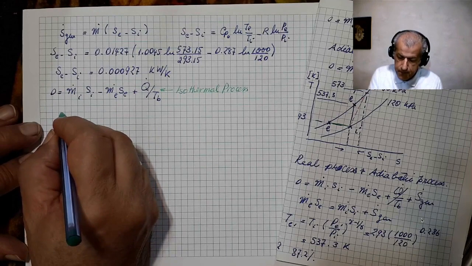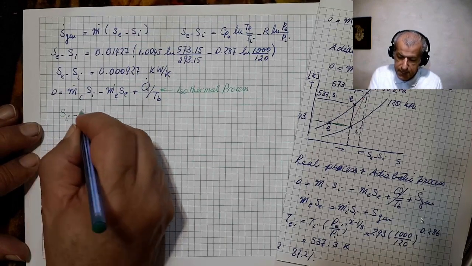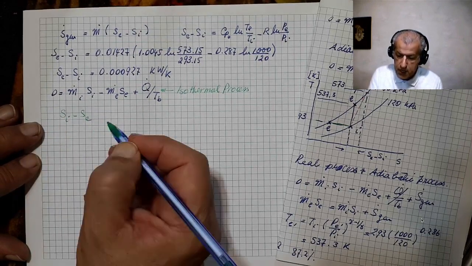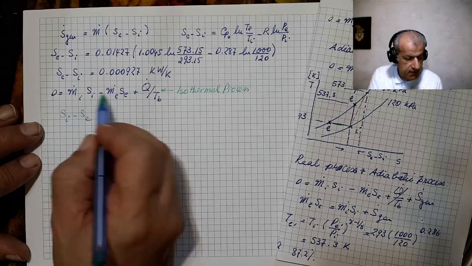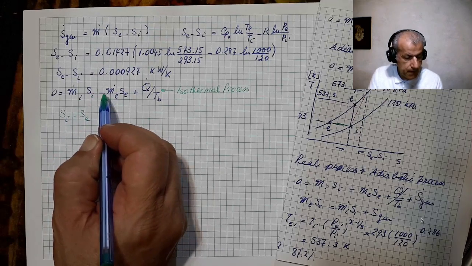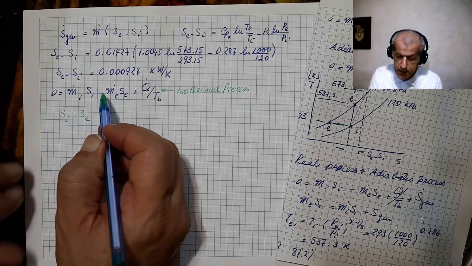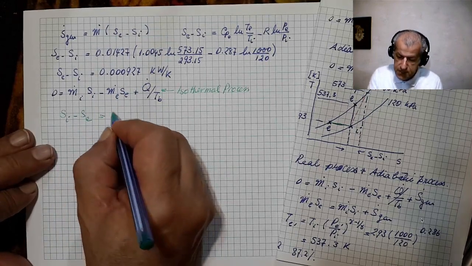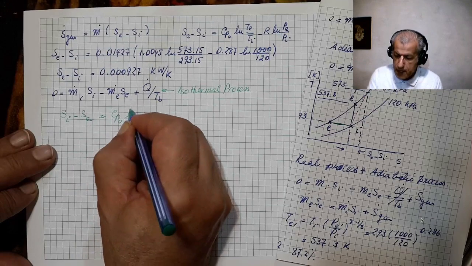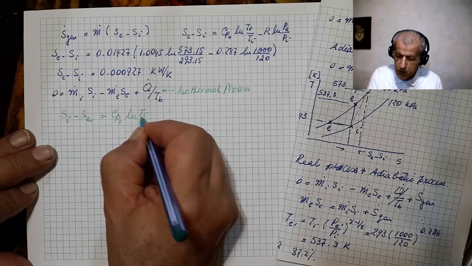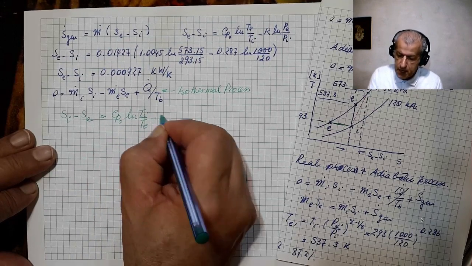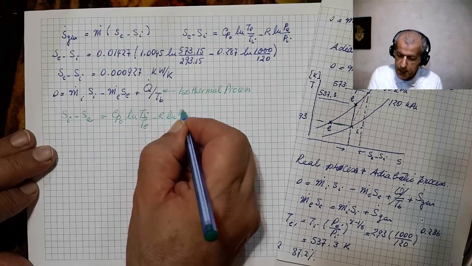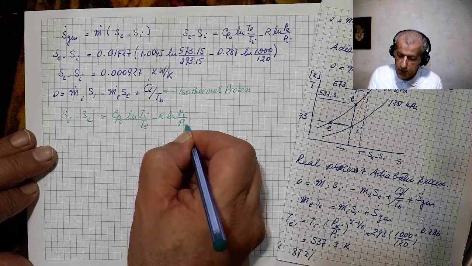Si minus Se, which these two are capitals, equals Cp0 ln Ti over Te minus R ln Pi over Pe.